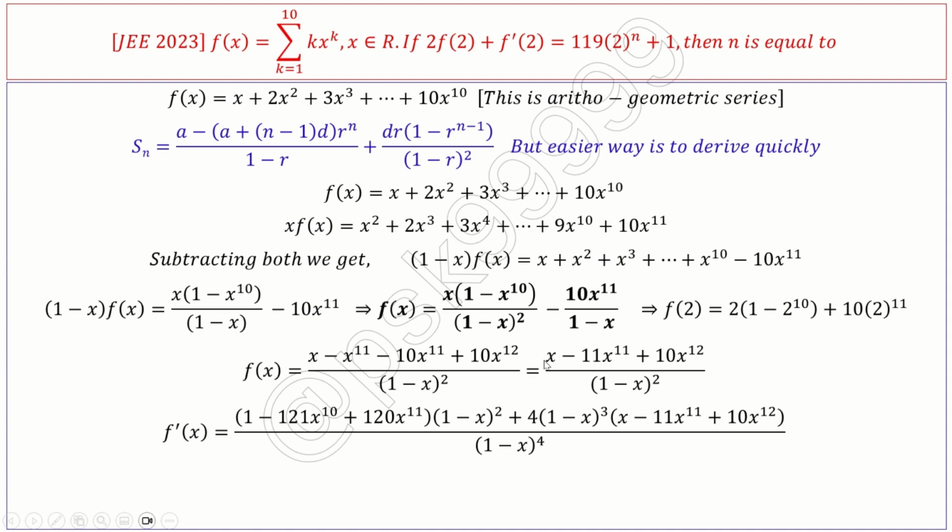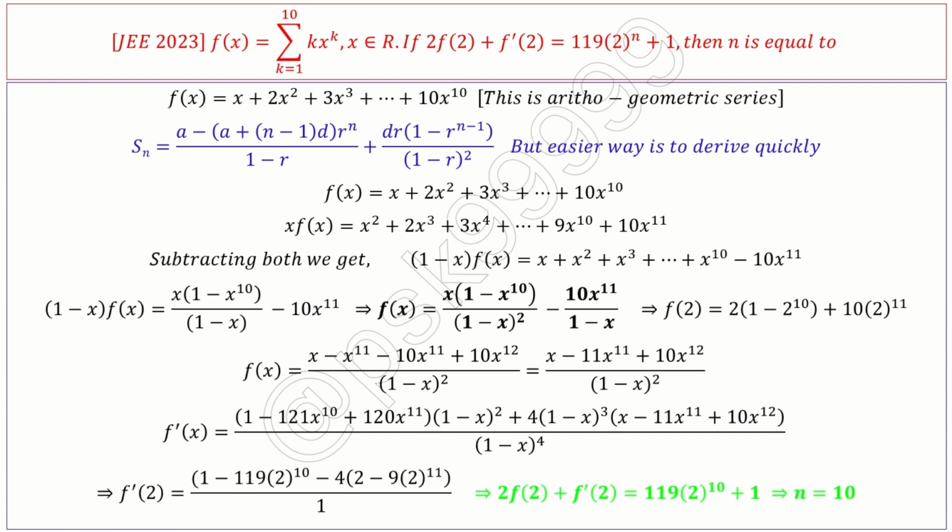Now the numerator is, first differentiate this one, which is this value, into 1 minus x whole square, plus 2 times 1 minus x into this value as is, x minus 11 x to the power of 11 plus 10 x to the power of 12. Now you don't need to simplify actually, you just substitute f dash of 2. Okay, f dash of 2 you will get is this value.